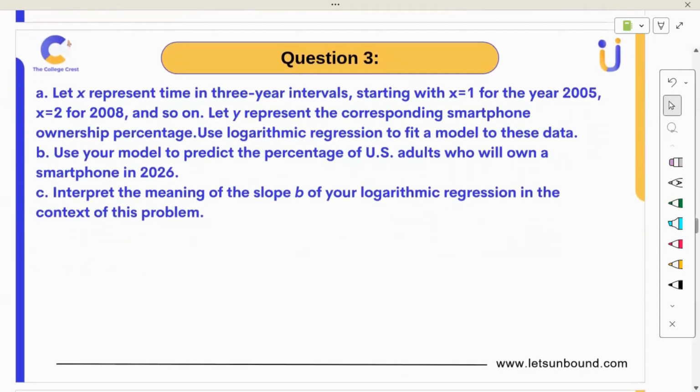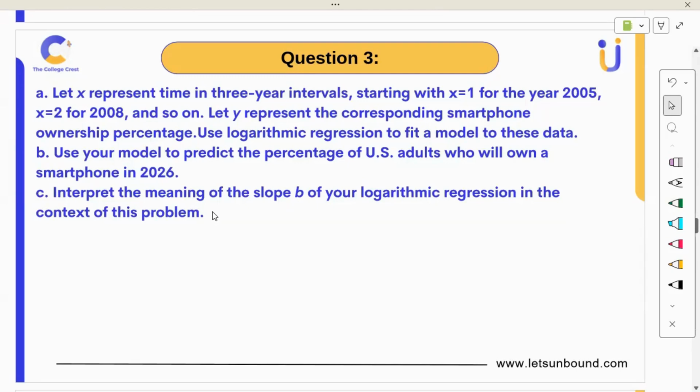Use logarithmic regression. It's very simple. And B, use your model. We will find the model from Desmos, and then using that, we need to just plug in that also in Desmos. Interpret the meaning of the slope B of your logarithmic regression. So slope is B, like that. That we will get from Desmos again while doing the first part itself.